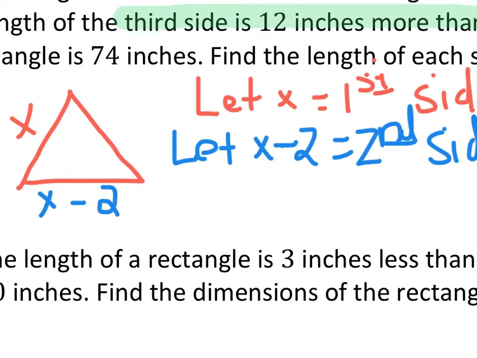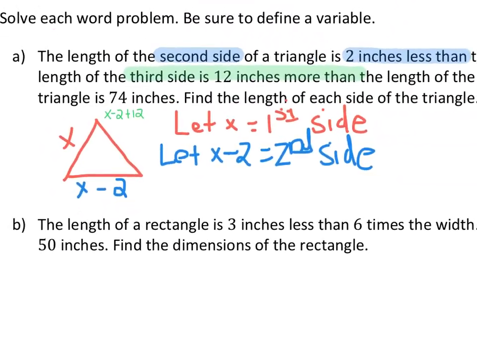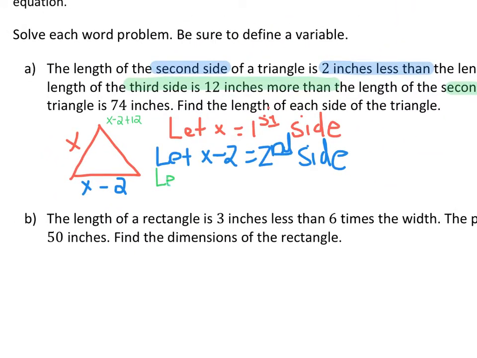So we have our x minus 2, which is our second side, and we have 12 inches on top of that. So it's really x minus 2 plus 12 is our third side. So let x minus 2 plus 12 equal third side. You could clean that up a bit to begin with and combine your like terms, but it is not really necessary. It might save you a couple steps a little bit later.